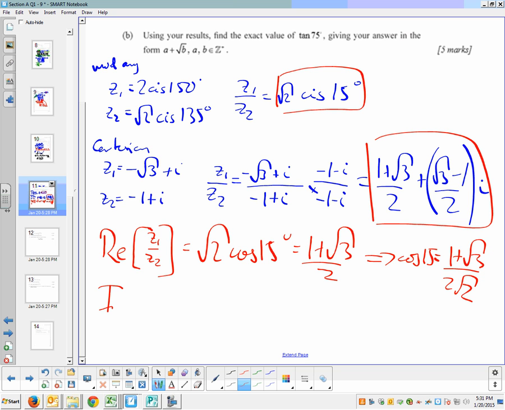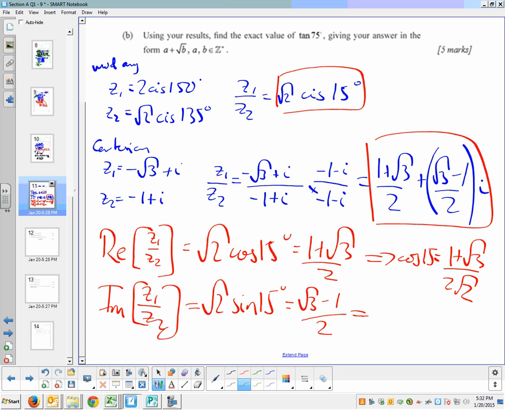And you pull out the imaginary part of Z1 over Z2, and that gives you root 2 sine 15 is equal to (root 3 minus 1) over 2, which means that sine 15 is (root 3 minus 1) over 2 root 2.